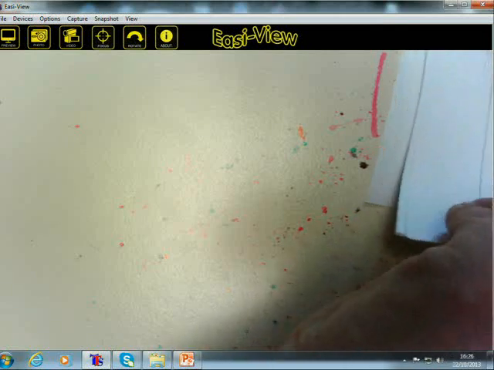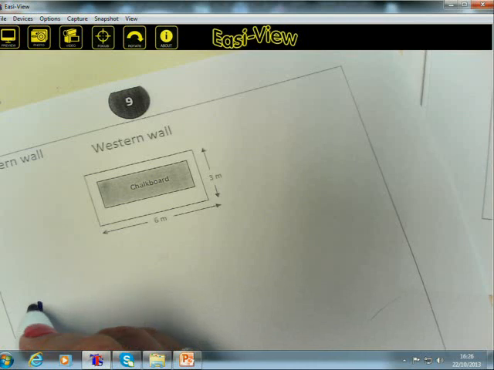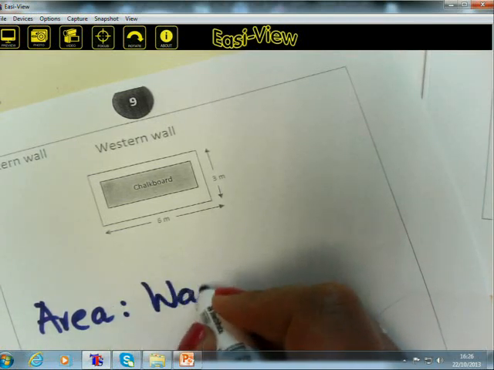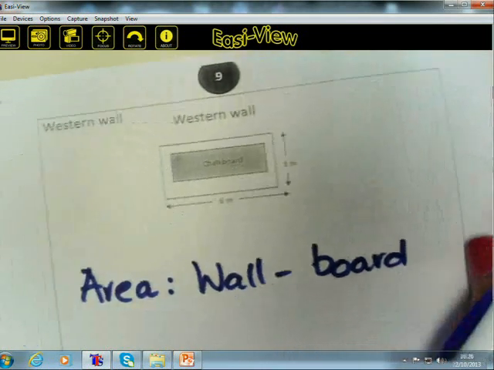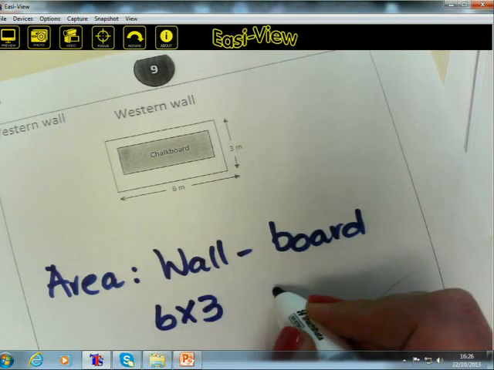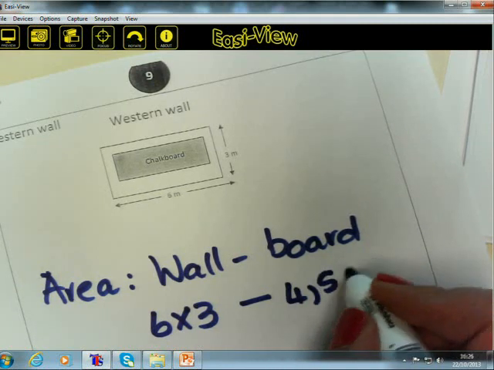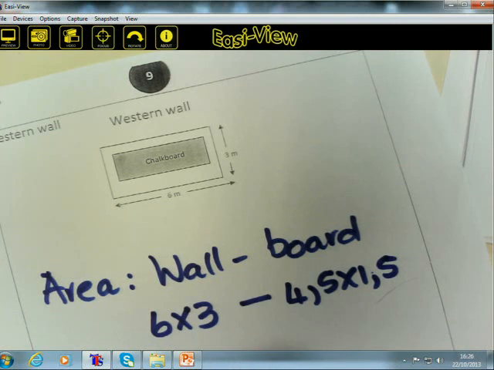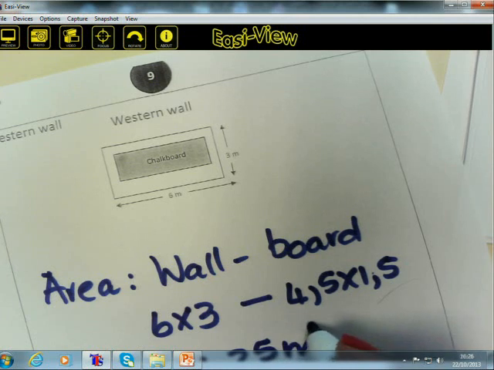Then we go over to the western wall. In the western wall, we have the chalkboard. So to get the area, you must calculate the wall minus the board, the chalkboard. To get the wall, you will go 6 times 3 minus the chalkboard will be 4,5 times 1,5. It was given earlier, and the answer there will be 11,25 square meters.